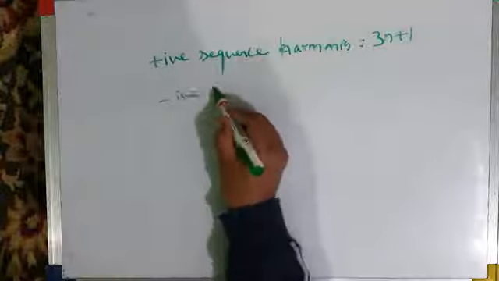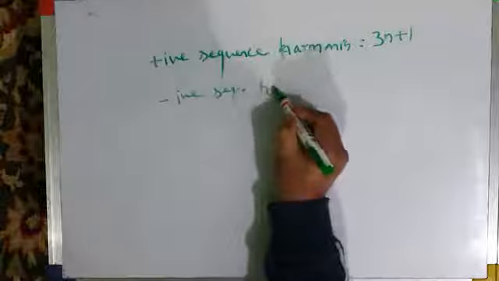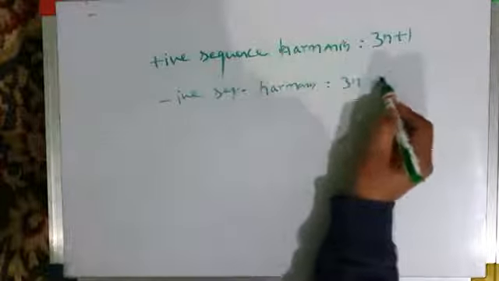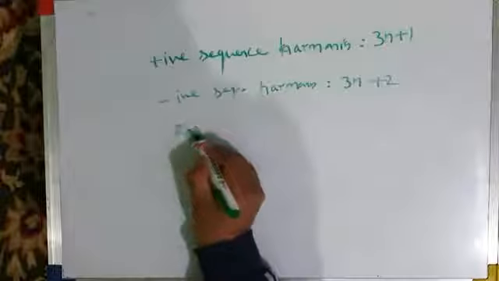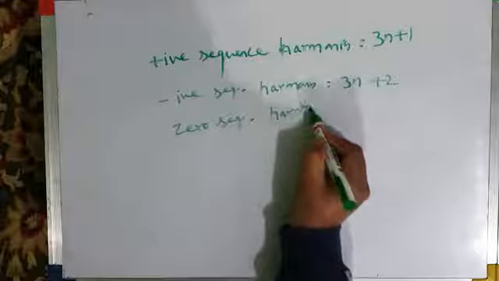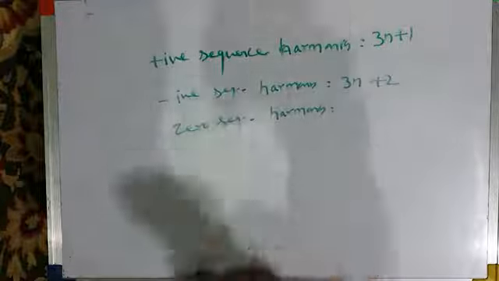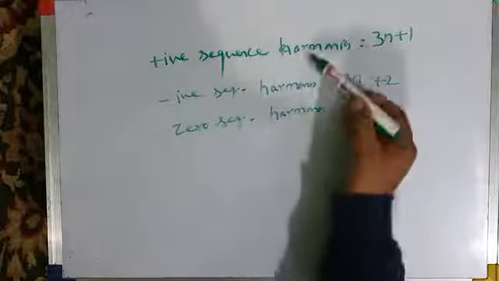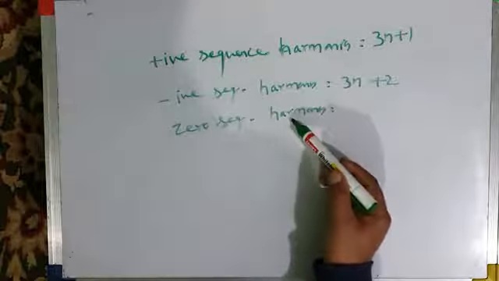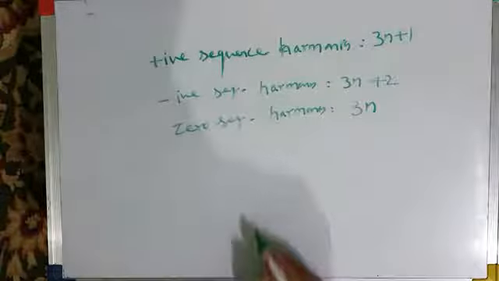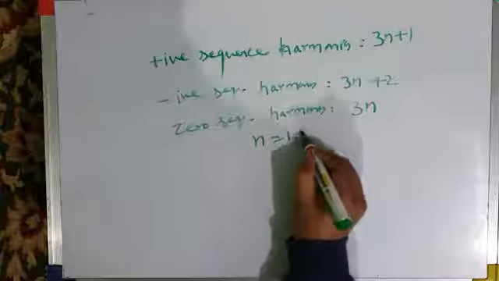Negative sequence harmonics are represented by 3n plus 2. Just like you decompose currents and voltages into harmonic components, you can split harmonics into positive sequence, negative sequence and zero sequence harmonics. Zero sequence harmonics are represented by 3n, where n is equal to 1, 2, 3, and so on.